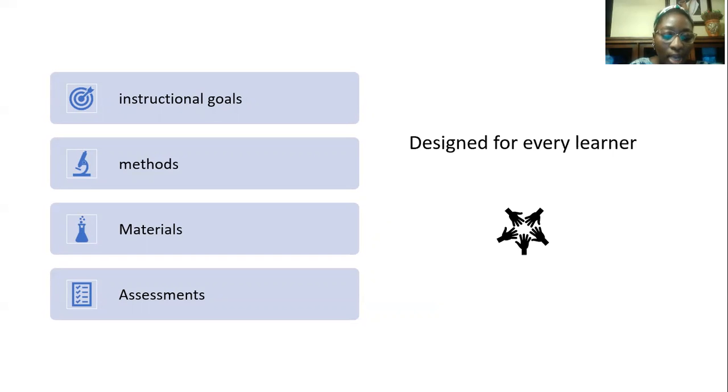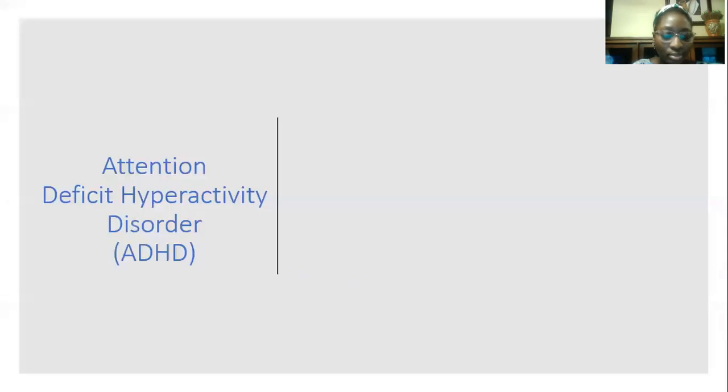Now next, I'm going to present the different disabilities that I chose to focus on and their different characteristics. First, we have attention deficit hyperactivity disorder, ADHD. ADHD is the most common neurodevelopmental disorder of childhood.